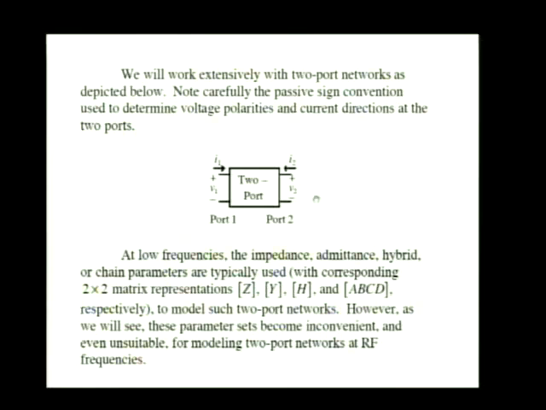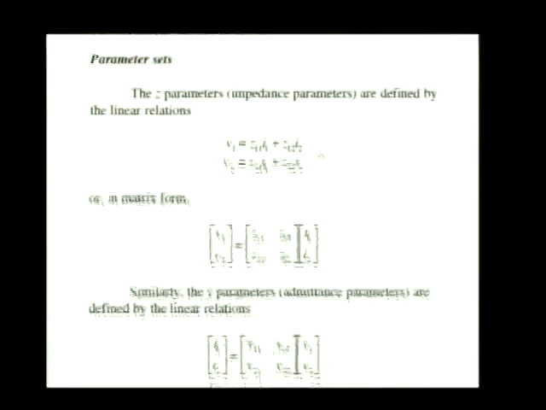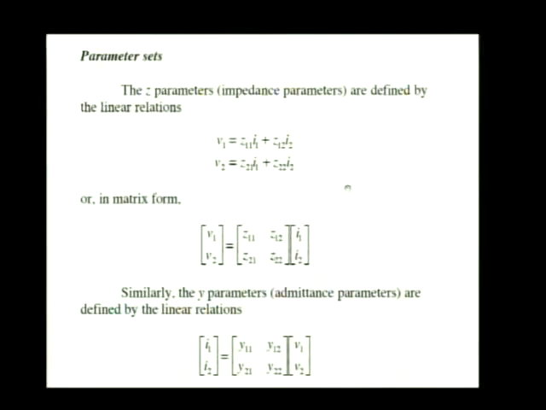You choose whichever pair of those four variables, voltages and currents at the two ports, you would like as your unknowns, and the other two you assume are known quantities, and write equations for the unknown quantities in terms of the known quantities as linear combinations. And that's how we end up with the definitions of the different parameter sets.